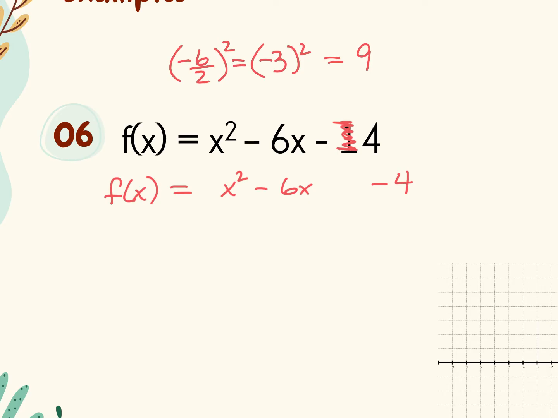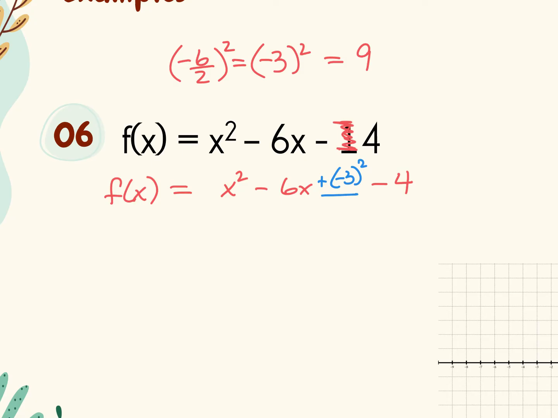Now, remember when I put in this blank space, I didn't put plus 9. I put what I got when I divided by 2, so I'm putting it in as a negative 3 squared. Normally when you complete the square, we should be moving the constant to the other side, so we would also be adding 9 to the other side.